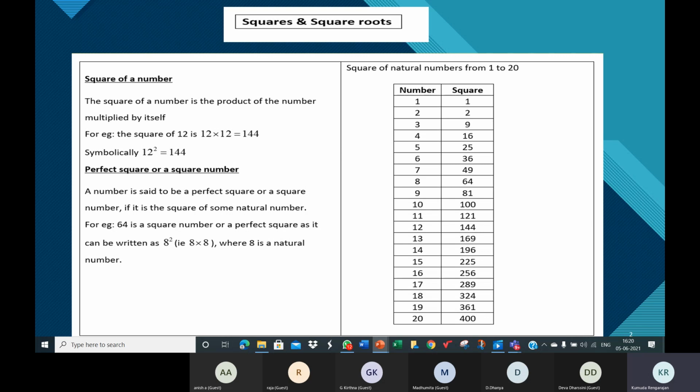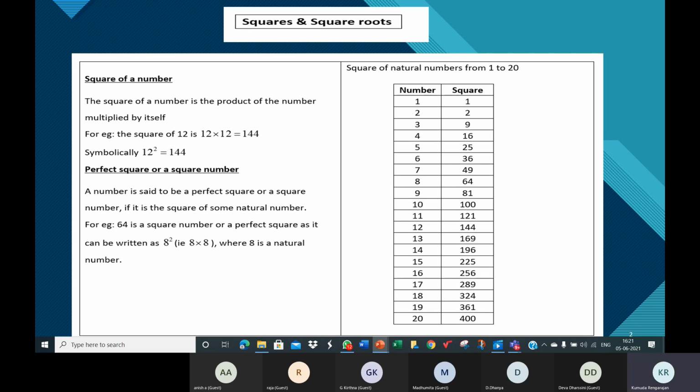After the decimal point, we need to write 7 zeros because the product must have 8 decimal places, and finish it with 1 after the 7 zeros. That's the product. So this is how we find the square of a number.